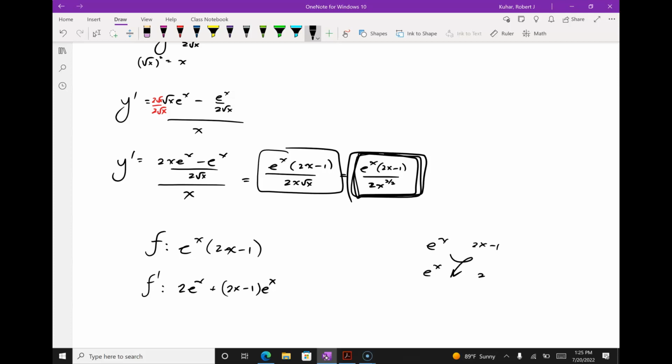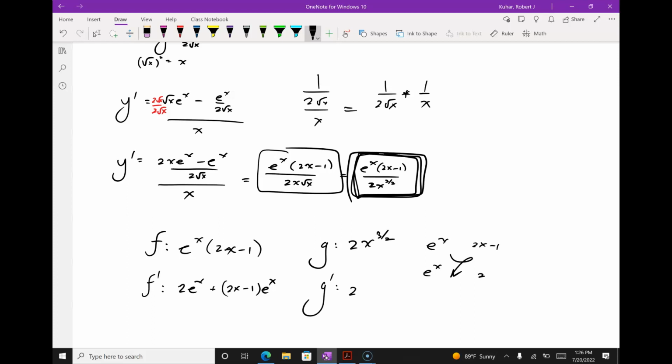Ethan, what'd you say? Yeah, keep change flip. So 1 over 2 square roots of x divided by x is 1. Keep change flip. Yep, it's okay. Downstairs function is 2x to the 3 halves.